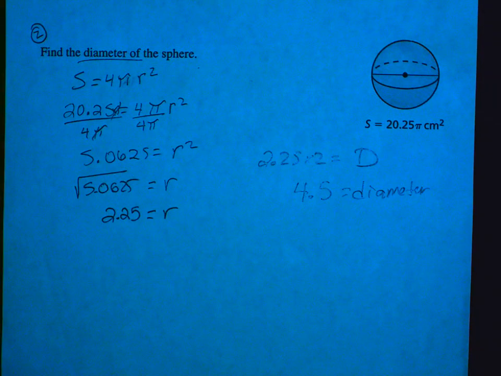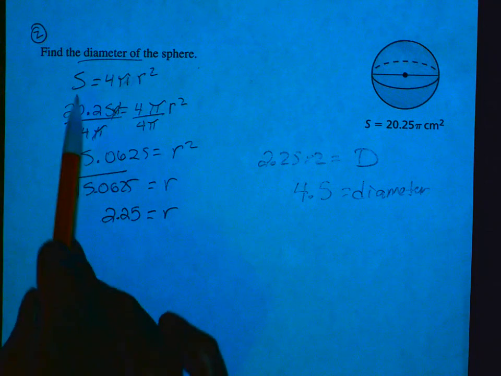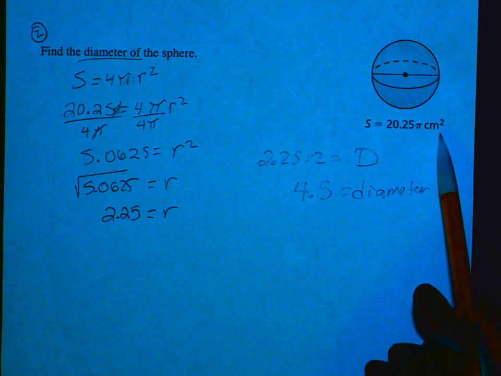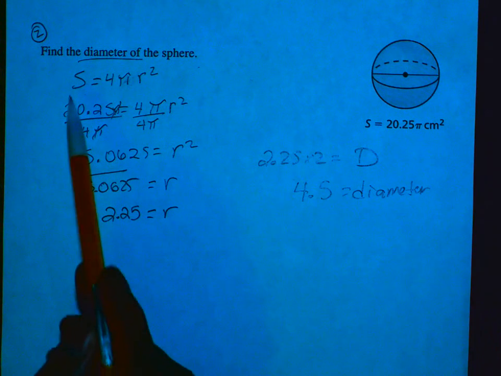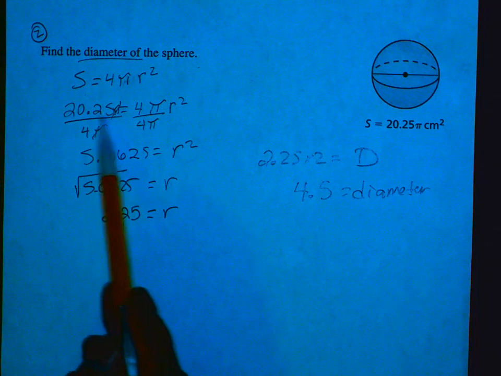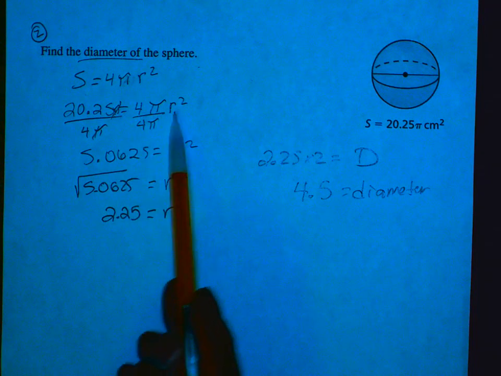Okay, apparently I thought I clicked to record, but I guess I didn't, so I'm just going to re-explain problem number 2. The surface area of a sphere is 20.25 pi centimeters squared, and we are asked to find the diameter. So the surface area is 20.25 pi equal to 4 pi r squared.